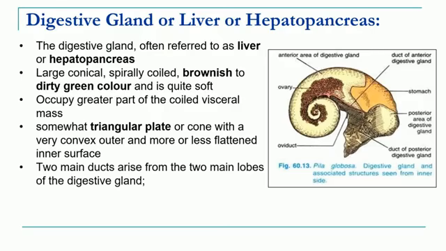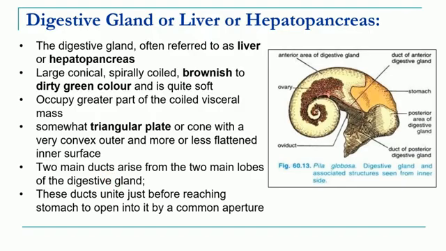Now there are two main ducts which arise from the two lobes of the digestive gland. It is a bilobed structure, and from each lobe there arises one duct. These ducts unite just before reaching the stomach to open into a common aperture.